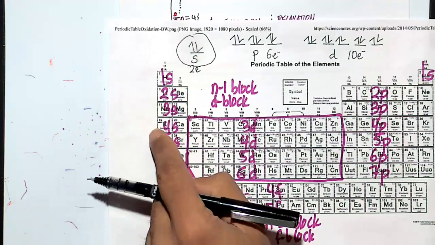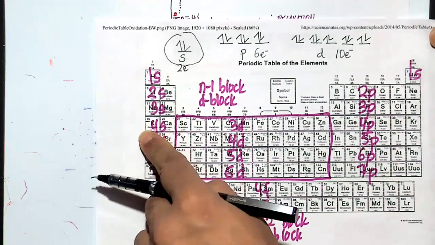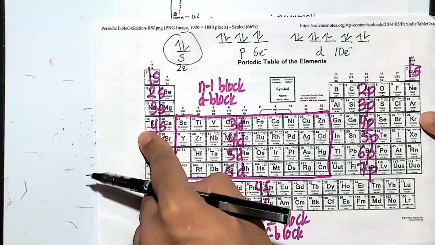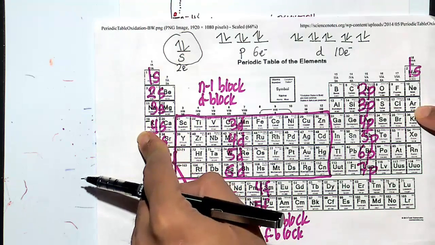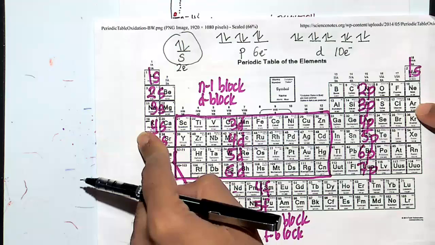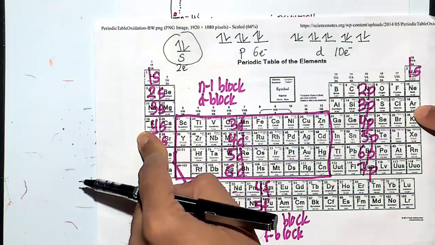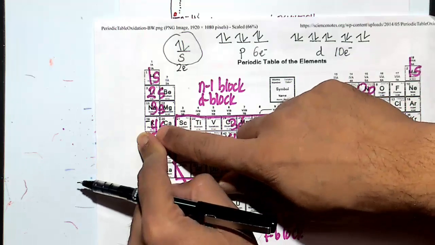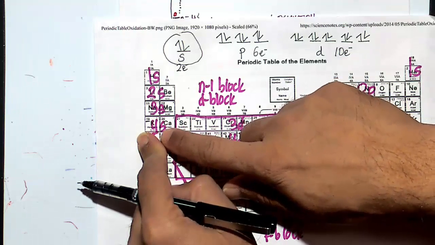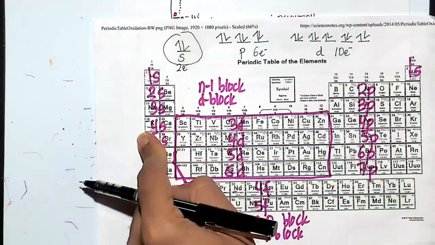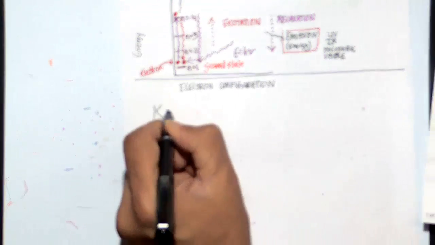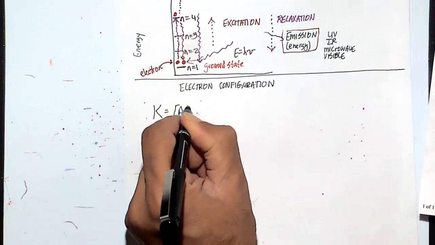So how will we get to 19 electrons? Argon has 18 electrons. Make sure you bring your periodic table to the test. What will 19 be? 4s1. So potassium is going to be argon 4s1.